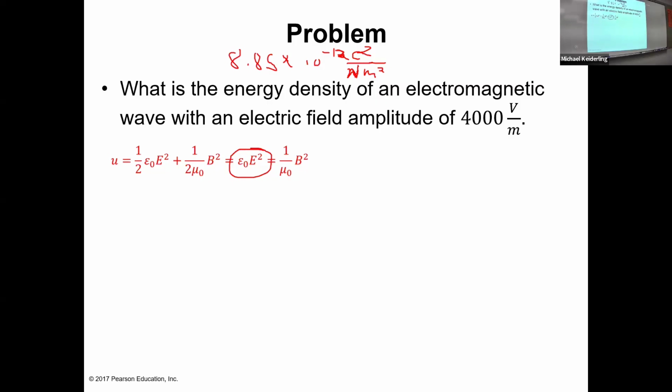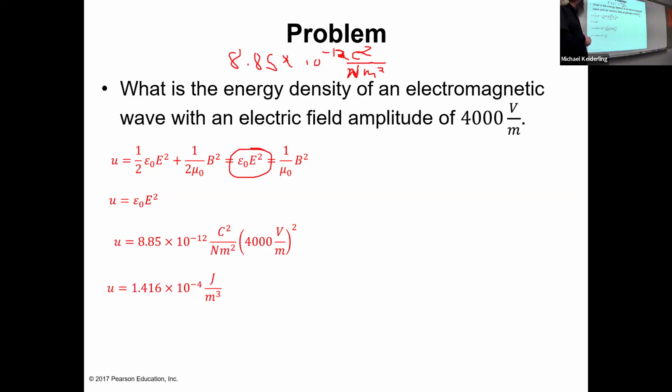We know the electric field amplitude, so we want epsilon naught E squared. So 8.85 times 10 to the minus 12 coulomb squared over Newton meters squared times 4,000 volts per meter quantity squared. That is 1.416 times 10 to the minus 4 joules per cubic meter.